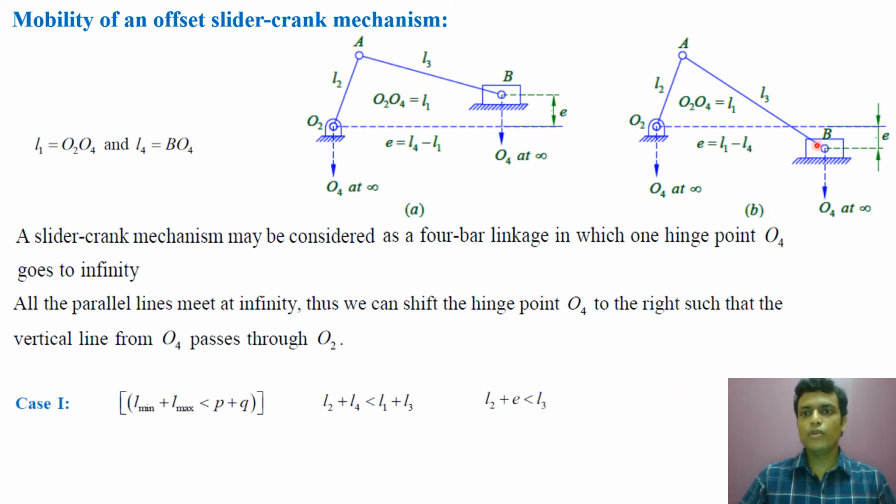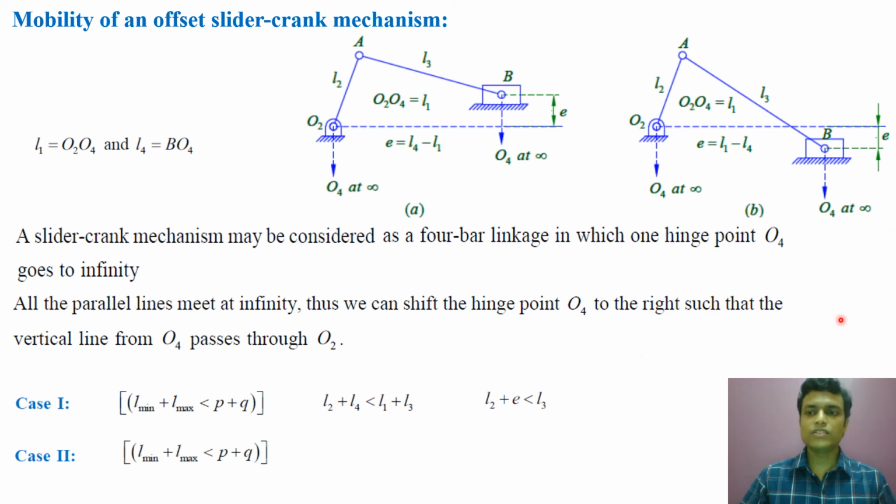Now O4B is less than O4O2 and O4O2 is L1. So here what is the condition? L1 minus L4 will be equal to E. So here L1 is the maximum link length. This is the longest link length, and L2 is the minimum link length, and L1 minus L4 is equal to E.